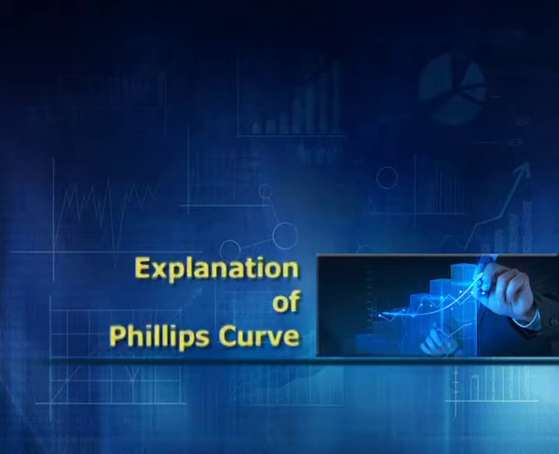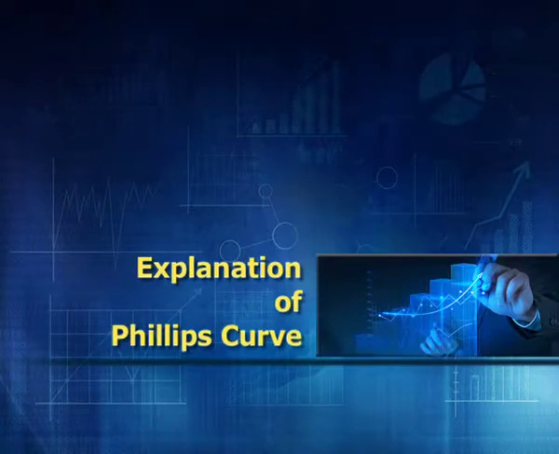However, the trade-off puts the policy makers in an awkward situation where they need to choose either of two. One, a higher rate of inflation with lower unemployment, or two, a higher rate of unemployment with a low inflation rate. Let us now learn the explanation of the Phillips curve by the Keynesian economists.